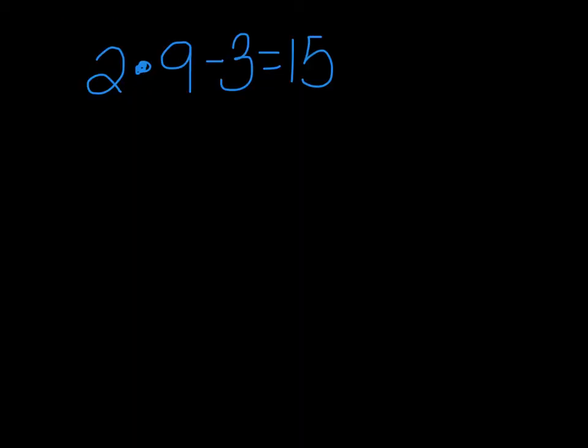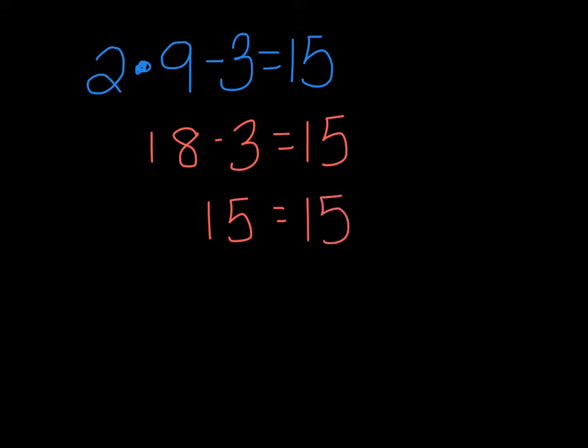We have 2 times 9 minus 3 equals 15. We use our order of operations, and first we multiply 2 times 9, which equals 18, minus 3. Then we do 18 minus 3 equals 15, and we know that 15 equals 15, so this is a true statement.